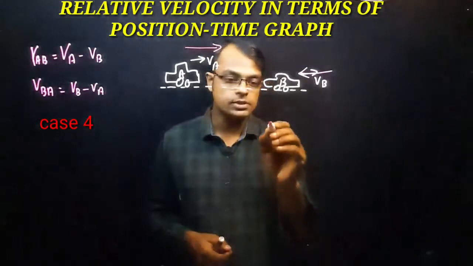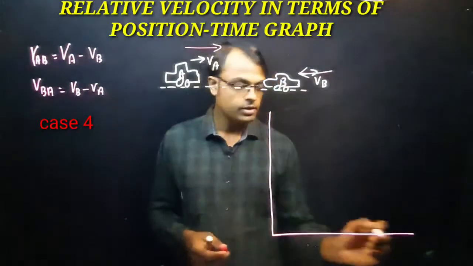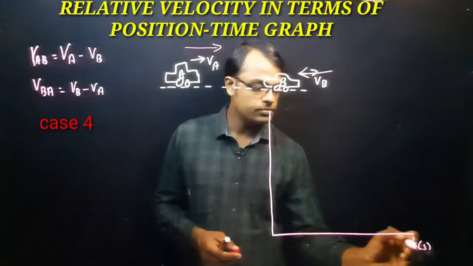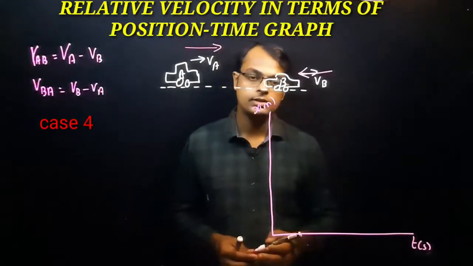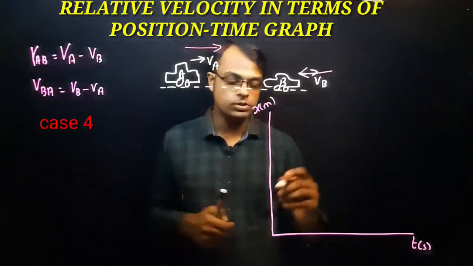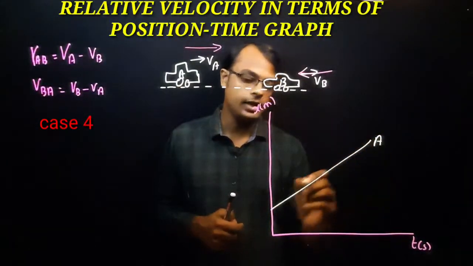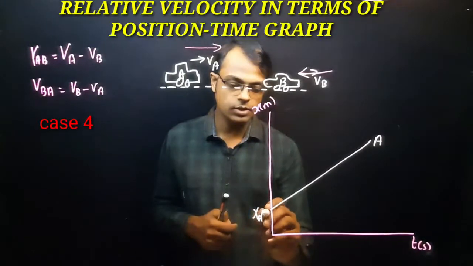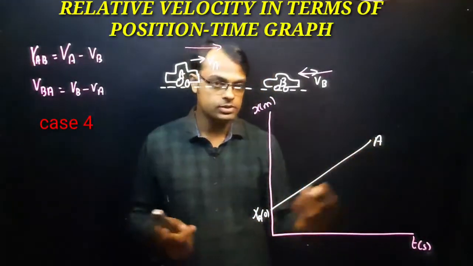So how do we represent the position-time graph for this case, right? Once again, drawing time along the x-axis and position in meters along the y-axis. If I draw car A traveling in this direction, say it is the positive direction, right? So I can draw this graph for A, and here once again XA of 0 is the initial position, and definitely XA of t will be there after some time.